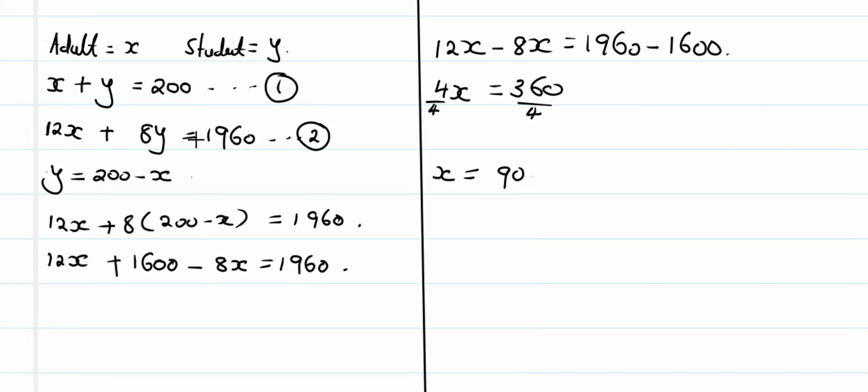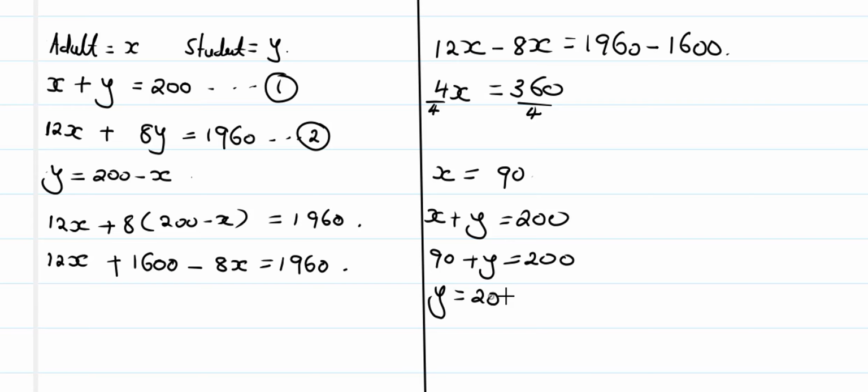And then since I know the value of X now, I can find the value of Y from the equation where we said X plus Y equals 200. Since I already know X, it becomes 90 plus Y equals 200. So Y is equal to 200 minus 90, which is 110.